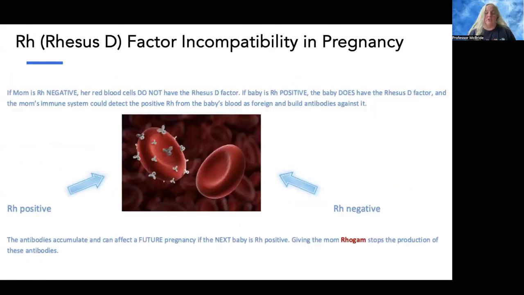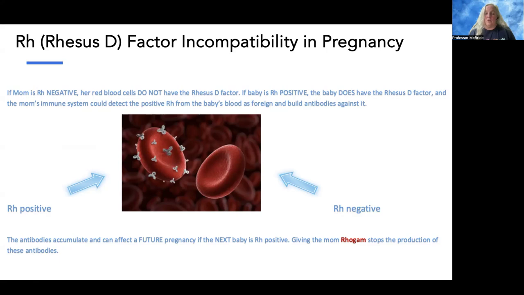So if the mom is Rh negative, like we just looked at, and her red blood cells don't have the Rh factor, the baby's positive and does have the Rh factor, the mom's immune system can detect the positive Rh from the baby's blood as foreign and build antibodies. Typically, these antibodies are going to affect a future pregnancy because most often this happens when the baby's being born. So the antibodies aren't built up for this current pregnancy, but it can be built up for the next pregnancy.